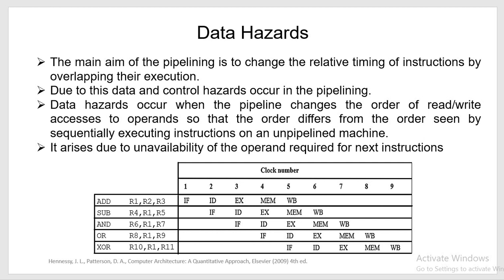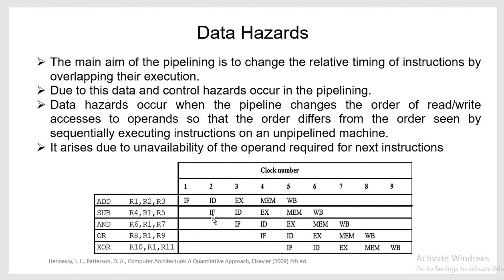Unless the first instruction completes its execution, the second instruction will not start. But a similar thing does not happen in the pipeline structure. In the pipeline structure, during the execution of the first instruction, the second instruction starts its functioning.